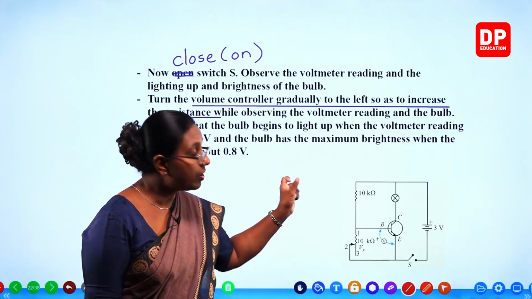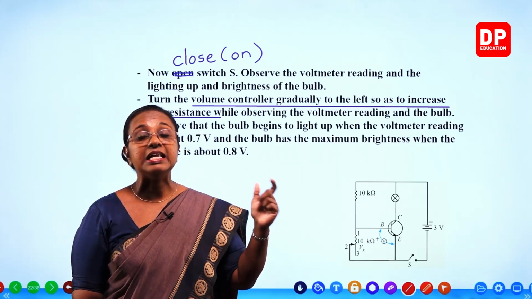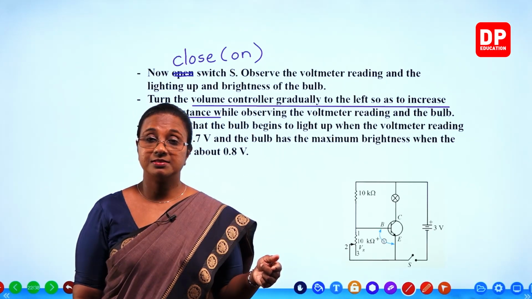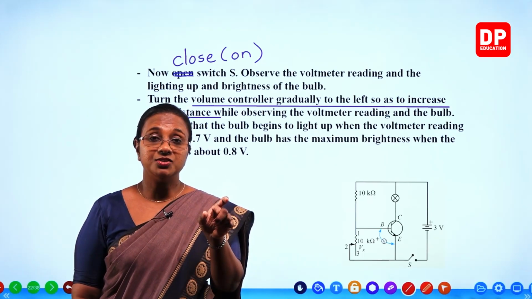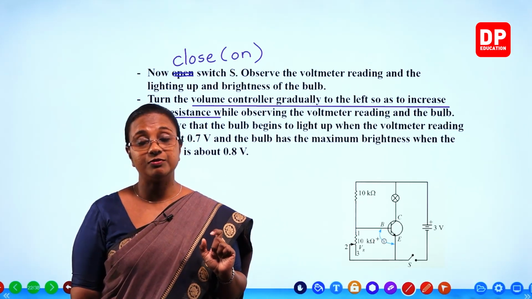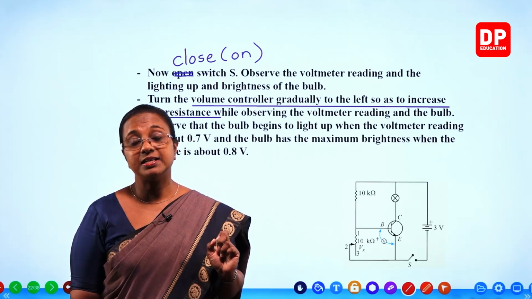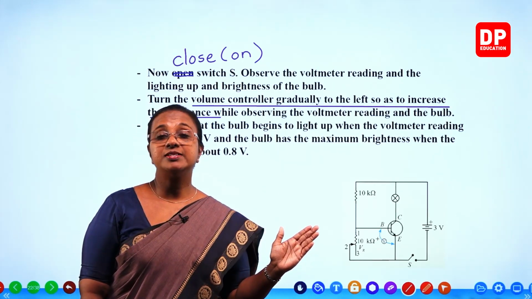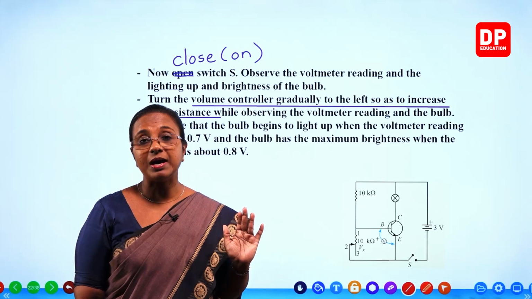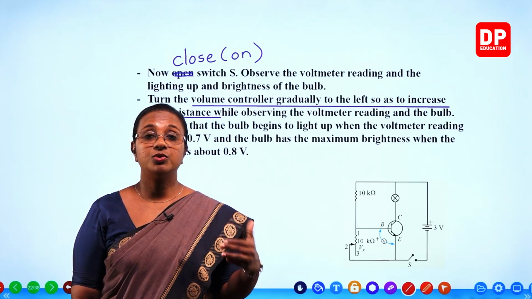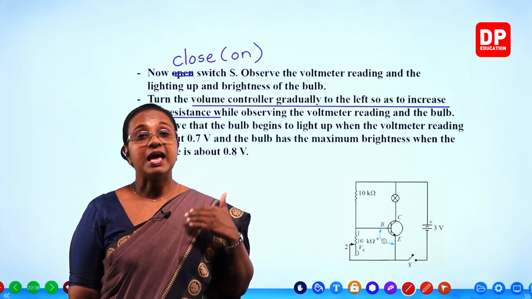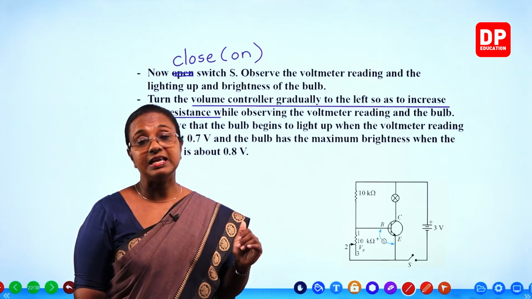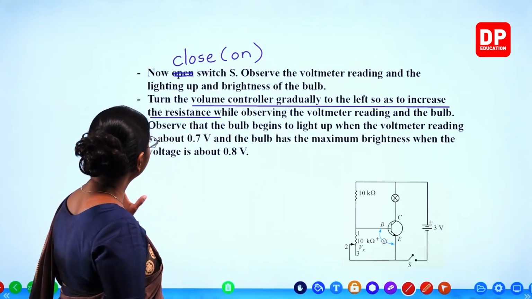When you keep on adjusting the volume controller, increasing the resistance, the brightness of the bulb will increase. Between the range 0.7 to 0.8 volts, the maximum brightness will be reached. Below 0.7 volts, you will not see the light, and from 0.7 volts the bulb lights, with brightness increasing until 0.8 volts. That is what you will observe.